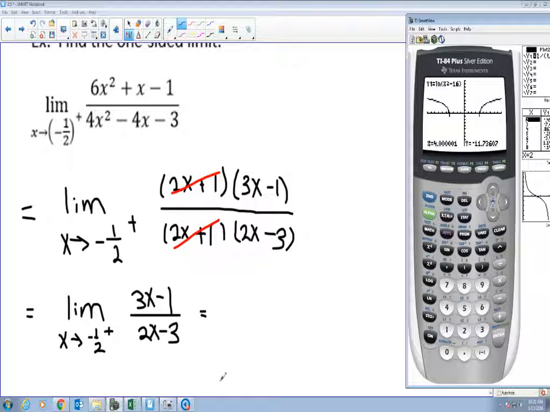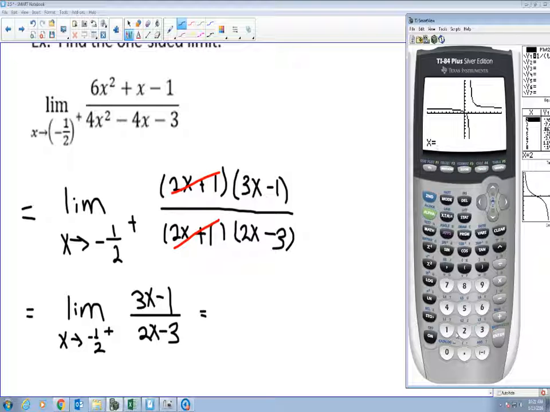Let me just graph this redefined function real quick. (3x minus 1) divided by 2x minus 3. Alright, this is a rational function approaching to negative half on the positive side.